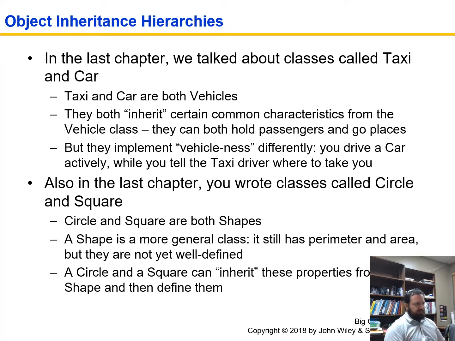This is a very useful concept because we could have in our program an array of shapes, and one shape might be a circle and one shape might be a square, and another shape might be a right triangle, and another shape might be, I don't know, a hexagon. And each of those things would define their area and perimeter differently.